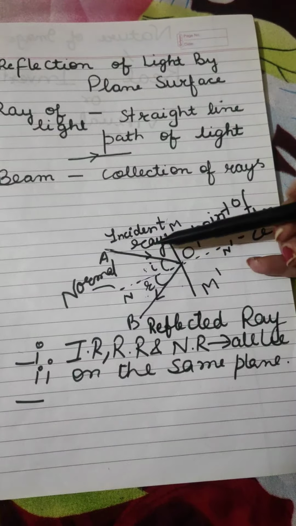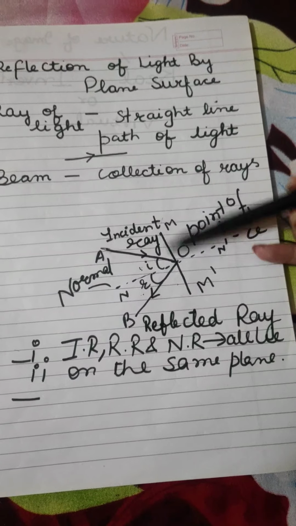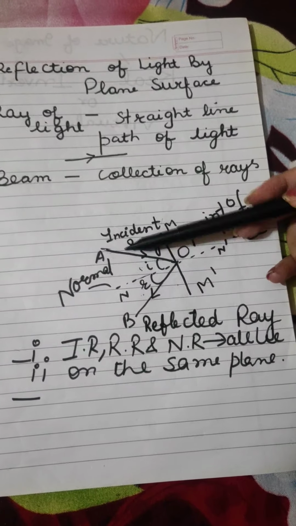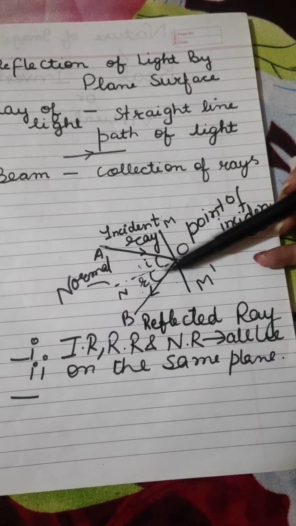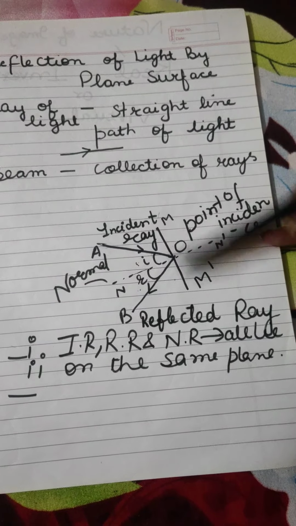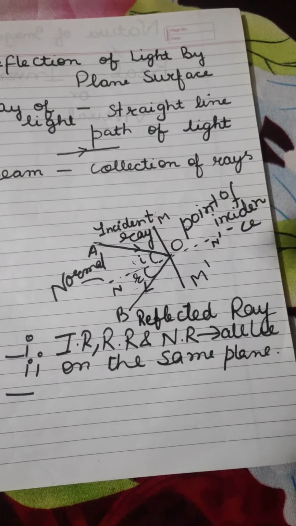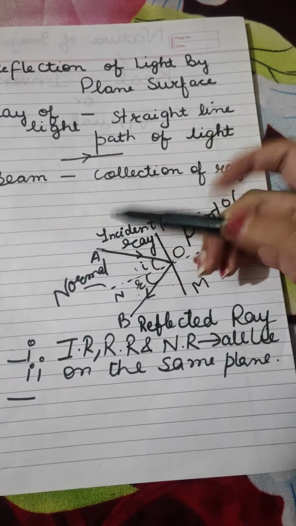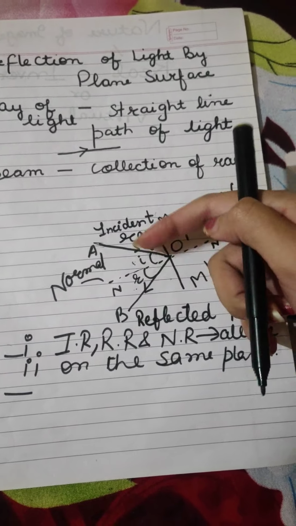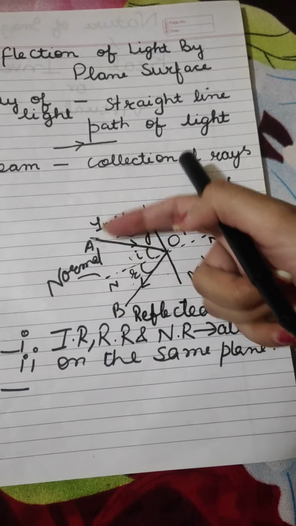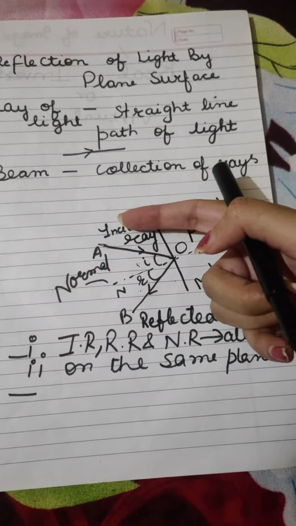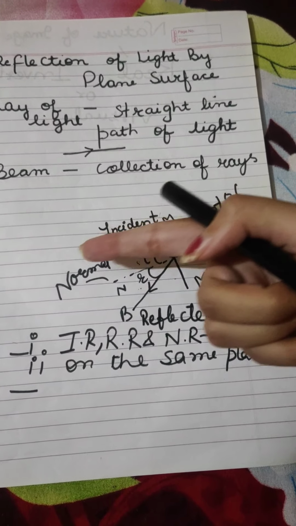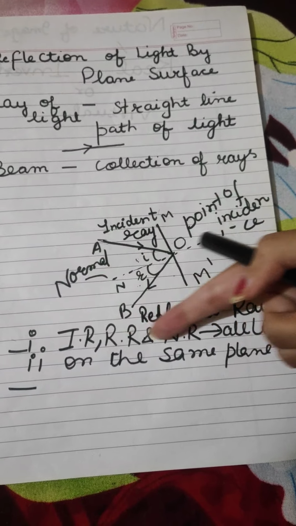See, if this is my surface, this is my mirror, this portion is above my mirror or plane surface, and this portion is below. All of these three rays are lying above, so they are in the same plane. That is my first point.